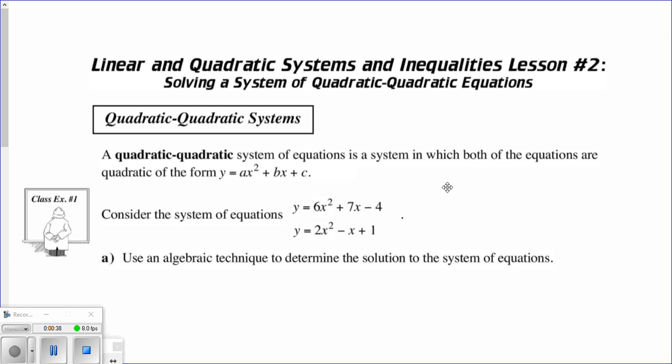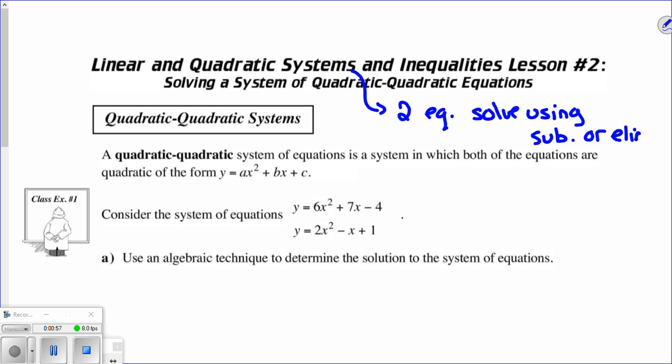So if you remember from Math 10C, we did a whole chapter called Systems of Equations. And Systems of Equations is basically when you have two equations and we solve using substitution or elimination.